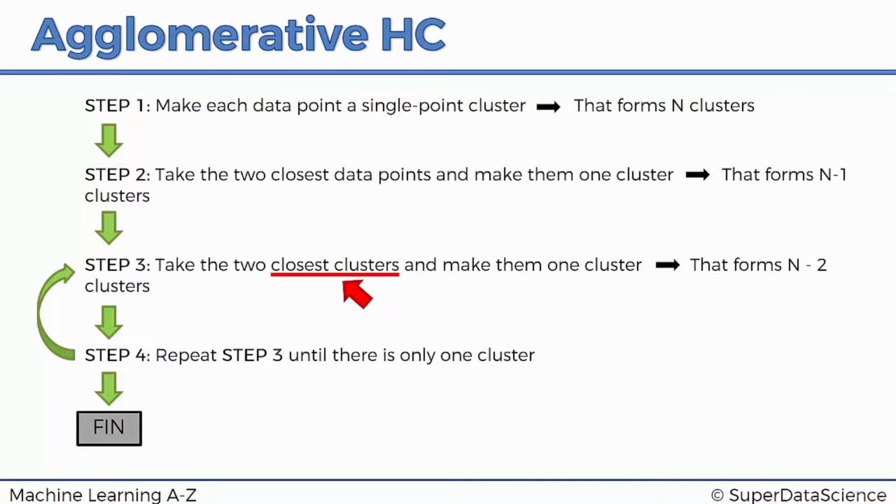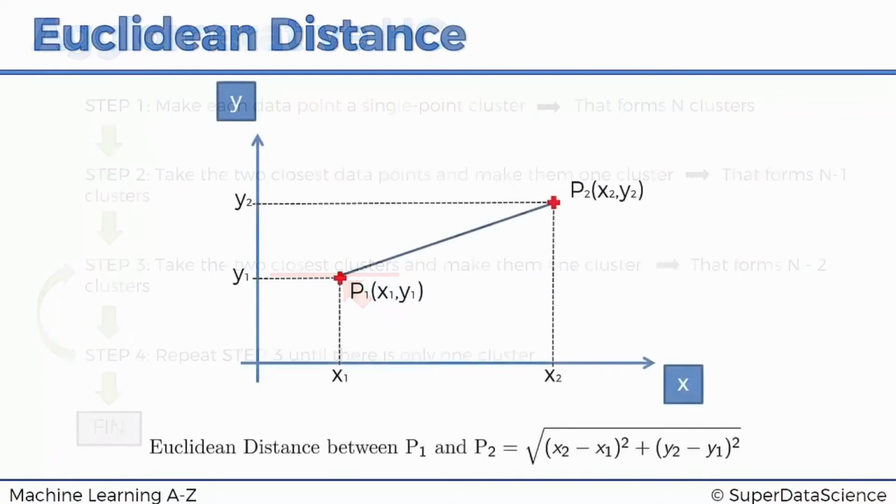And this is something worth noting. So I'd like to pause here for a bit and talk about the closeness of clusters and how you measure distance between clusters, because that can really affect your algorithm if you're using hierarchical clustering. So let's talk about that for a few minutes.